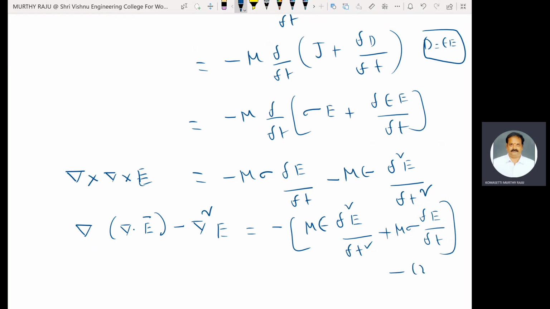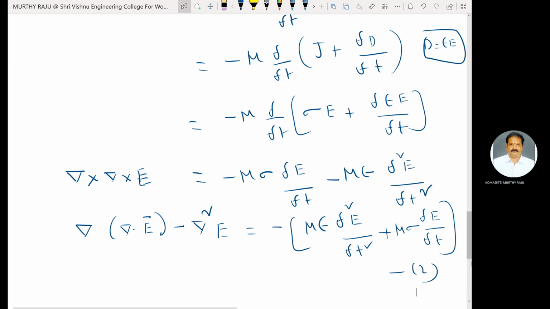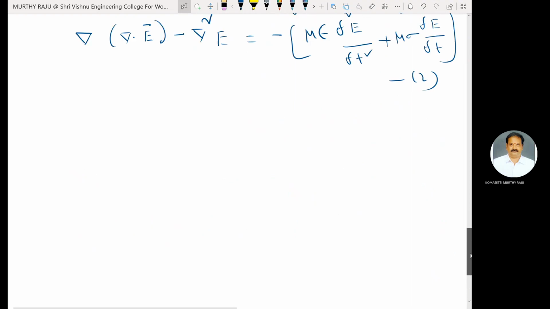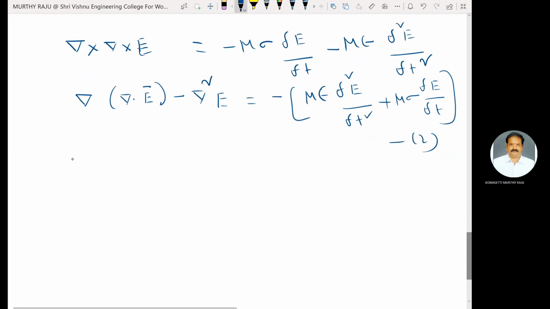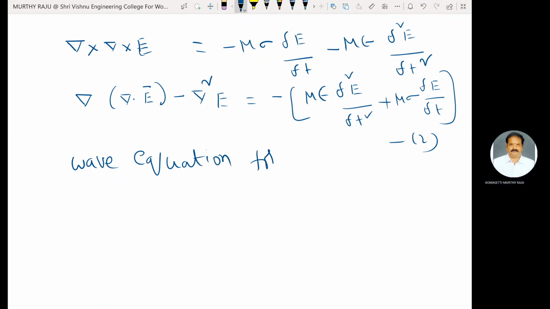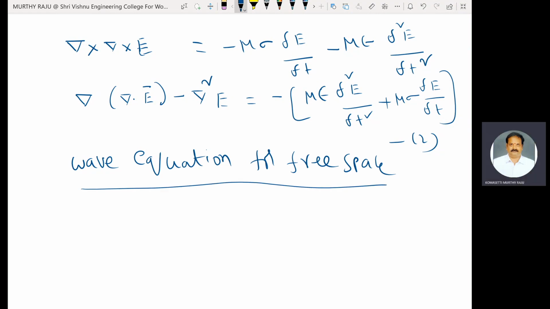Consider the wave equation for free space. For free space, these parameters are considered.